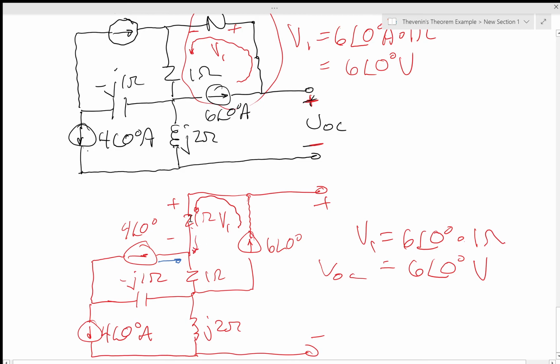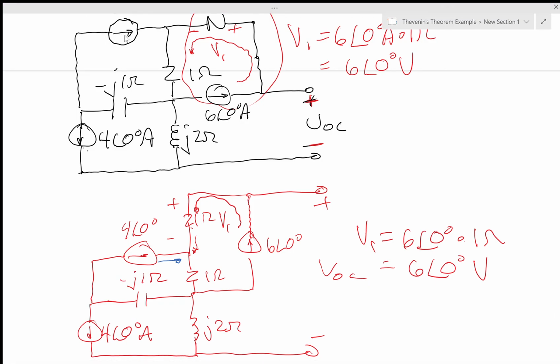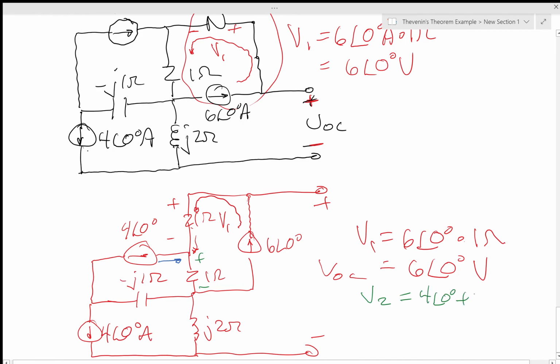So the 4 plus the 6 then is going to give me a voltage drop across here. V2 is going to be 4 angle 0 degrees plus 6 angle 0 degrees current times 1 ohm, and this is going to be 10 angle 0 degree volts.